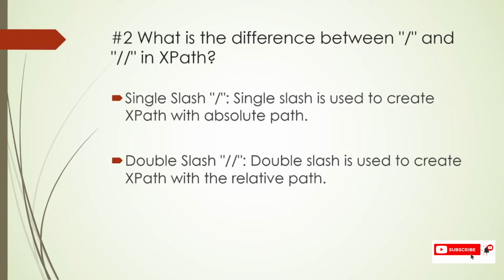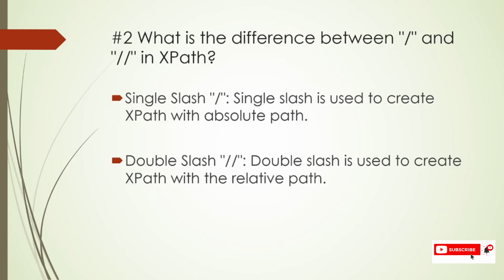But when it comes to the reliability, the relative XPath works efficiently when compared to absolute XPath. Whenever we have any tag which changes in the HTML DOM structure, then absolute XPath will not work, whereas relative XPath works even if there are in-between tag changes.